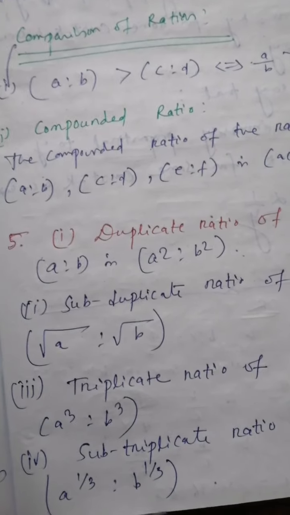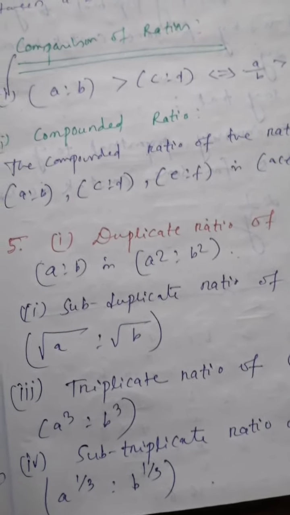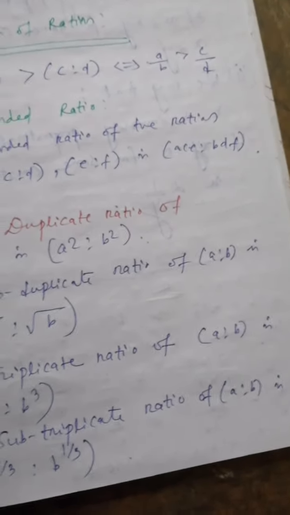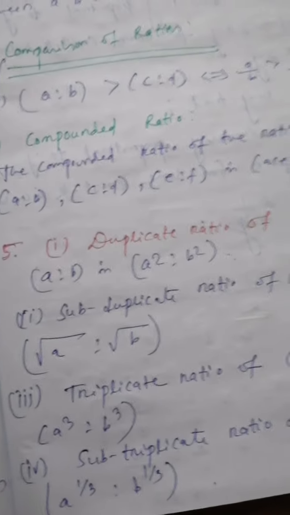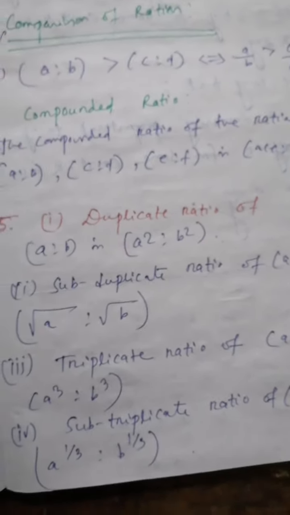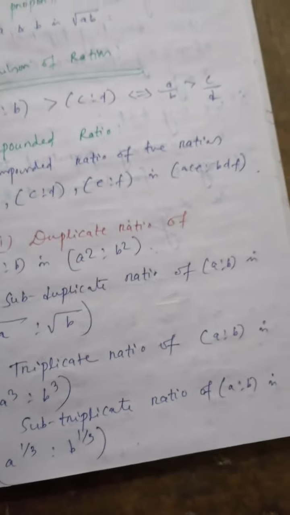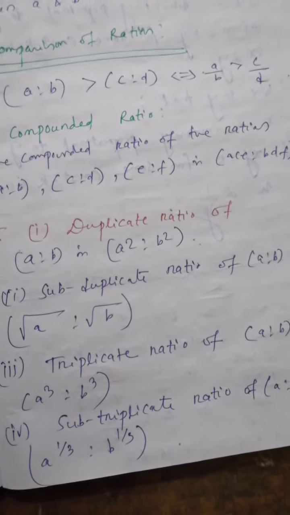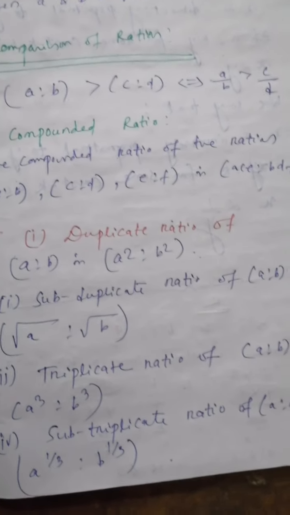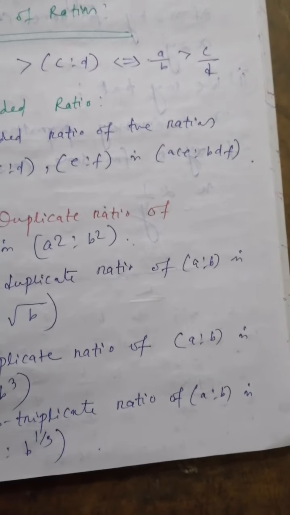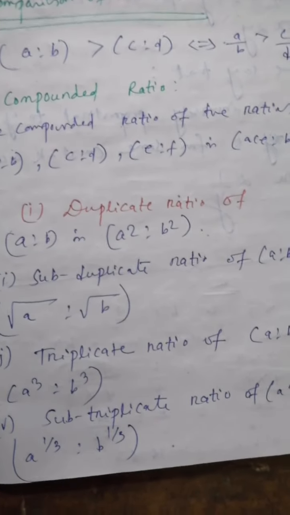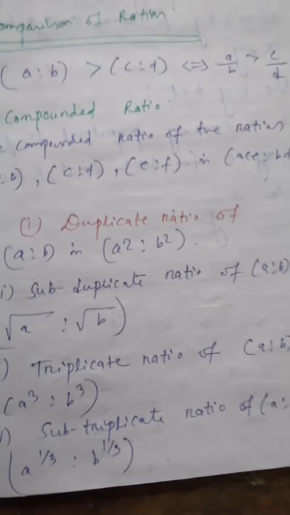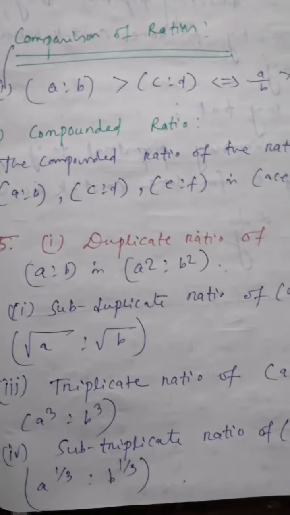Next one is the subduplicate ratio of A is to B, which is square root of A is to square root of B. Similarly, the triplicate ratio of A is to B is A cube is to B cube, and the subtriplicate ratio of A is to B is cube root of A is to cube root of B, or A to the power 1 by 3 is to B to the power 1 by 3.